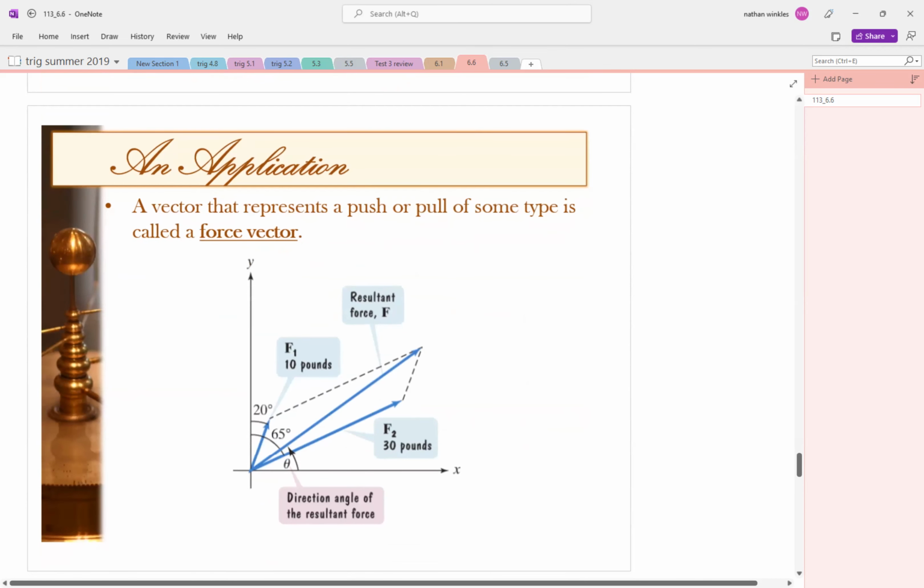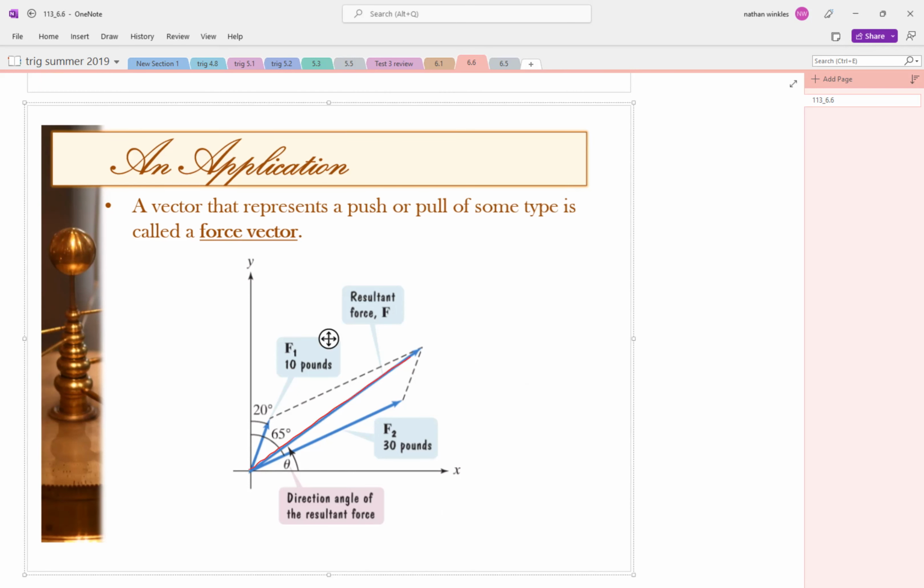So a vector that represents a push or pull of some type is called a force vector. If we have a force 1 pulling 10 pounds at an angle of 20 degrees off the y, so about 70 degrees, and a force 2 pulling 30 pounds at about 65 degrees, then we are looking for this resultant vector right here.